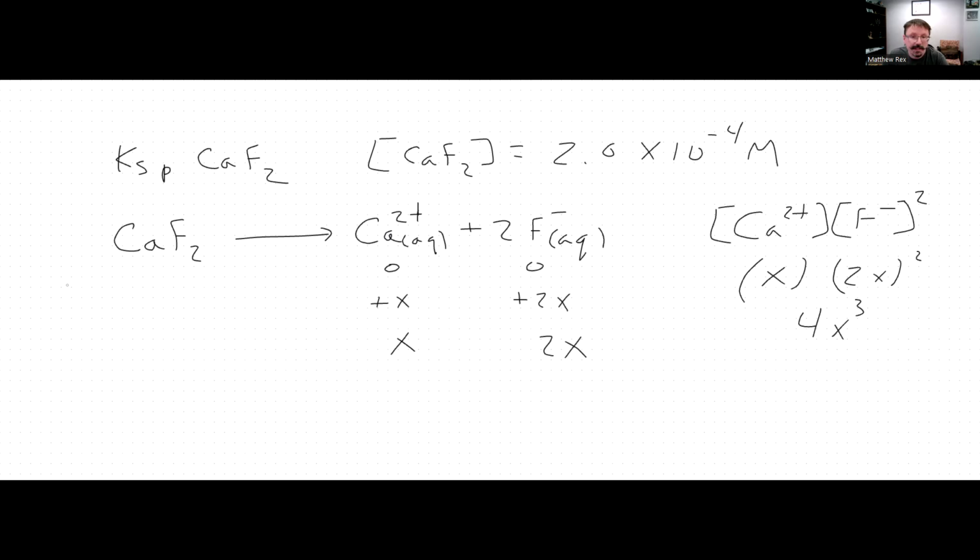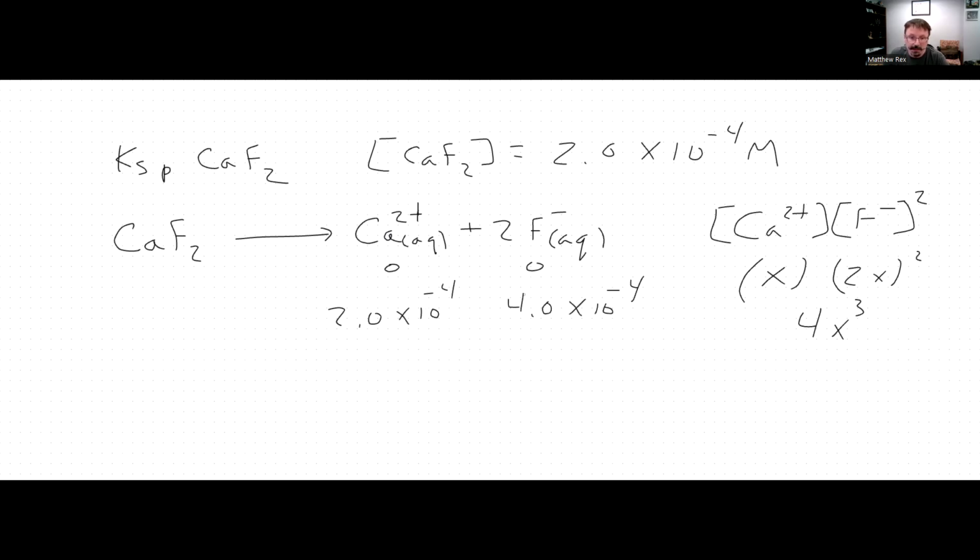We can actually go in and say, hey, because of the molar solubility, I actually know exactly how many calcium ions I'm going to have, and how many fluoride.